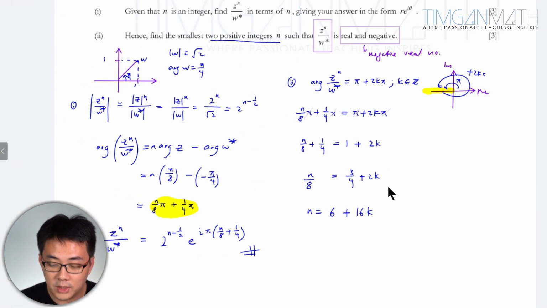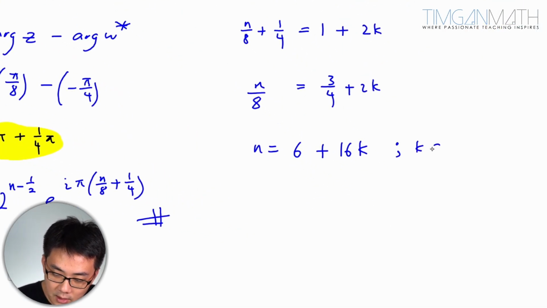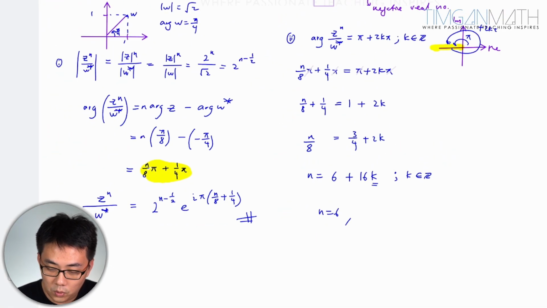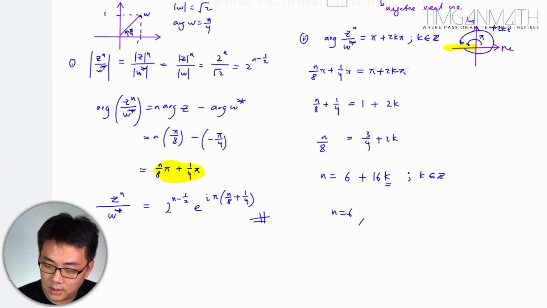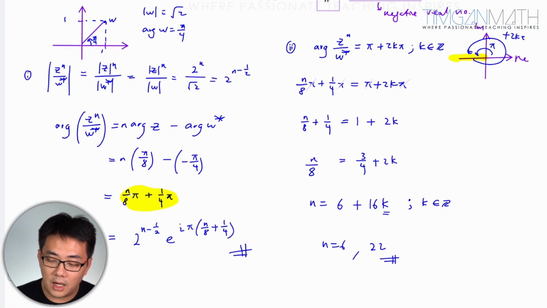Find the smallest 2 positive integer n. Okay. So k is all integers. So the smallest integer will be when k is 0. n is 6 and 22. Yeah, 6 and 22. Okay. You just key into calculator, you will see.